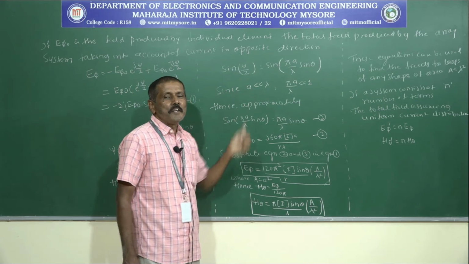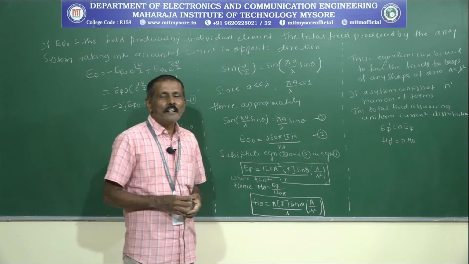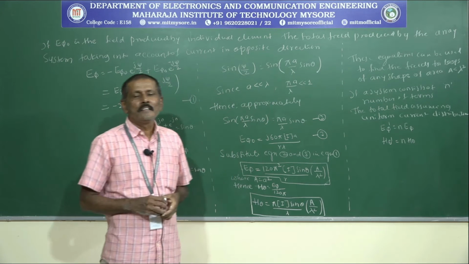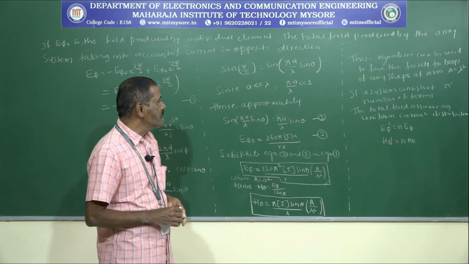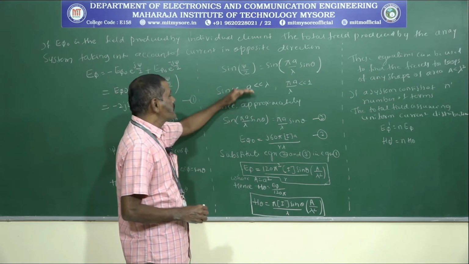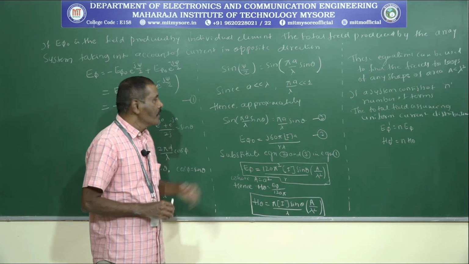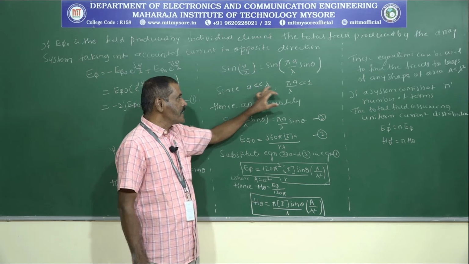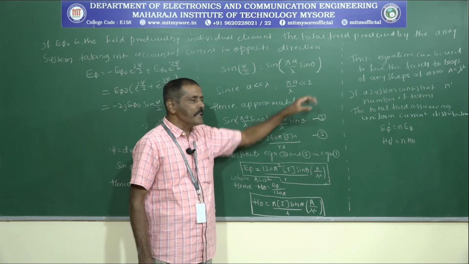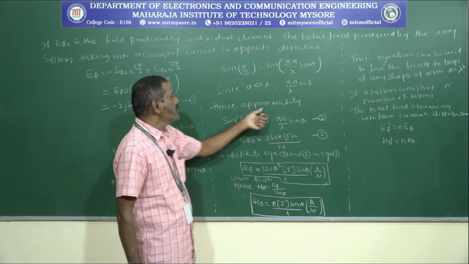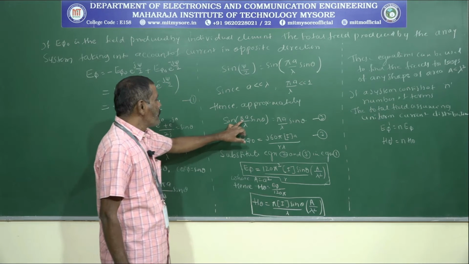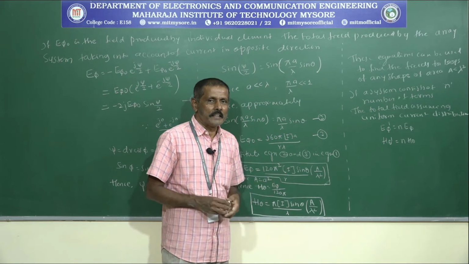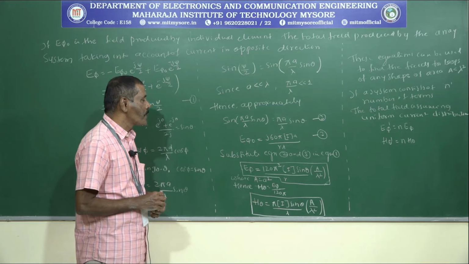Since the size of the antenna is less than the wavelength of the signals, a is less than lambda and pi a by lambda is less than 1. Based on these conditions, sin of pi a by lambda sin theta is approximated as pi a by lambda sin theta. Call it equation number 2.